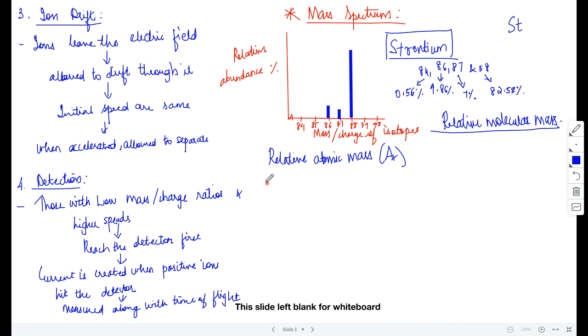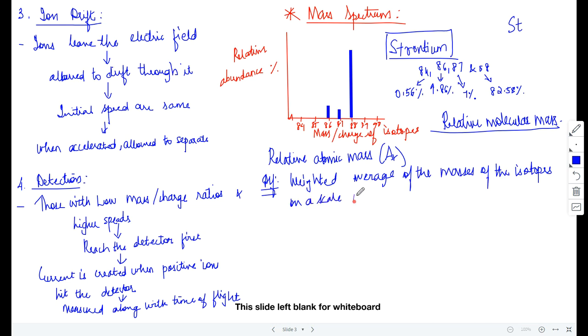Okay. So the definition of relative atomic mass is: the weighted average mass of the isotopes on a scale on which a carbon-12 atom has a mass of exactly 12 units.